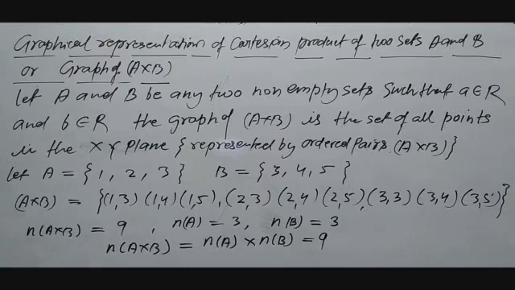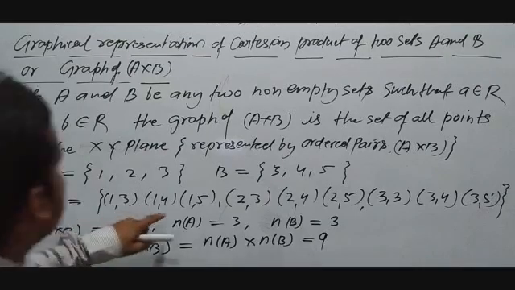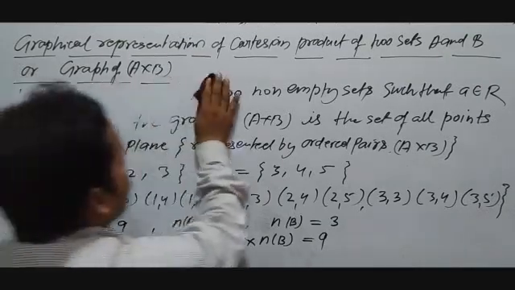And how will you plot these points on a graph? So see here. You have the ordered pairs (1, 3), (1, 4), (1, 5).